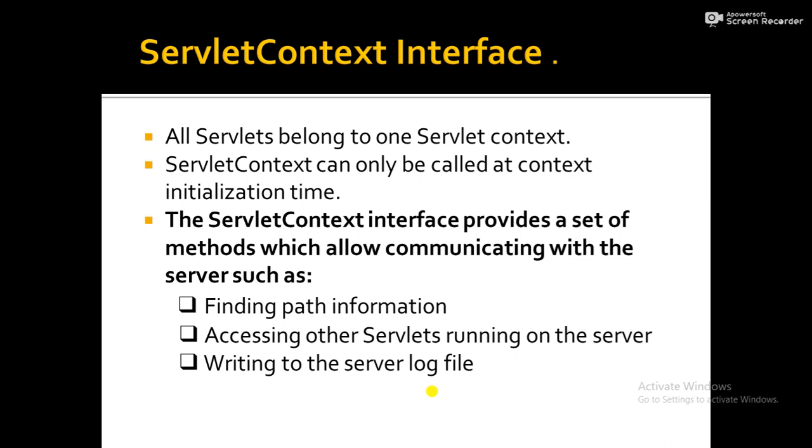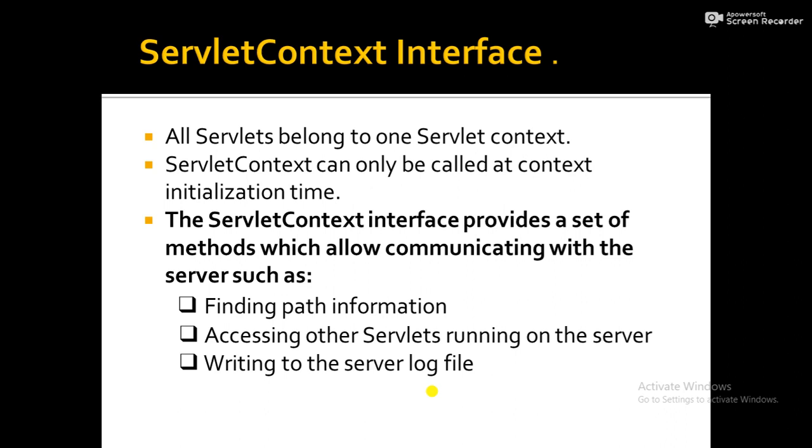Next part is the ServletContext interface. All the servlets belong to one servlet context, which is created at context initializing time. It provides a set of methods which allow communication with the server. ServletContext plays an important role in communication with the server, like finding path information, accessing other servlets running on the server, and writing the server log file.